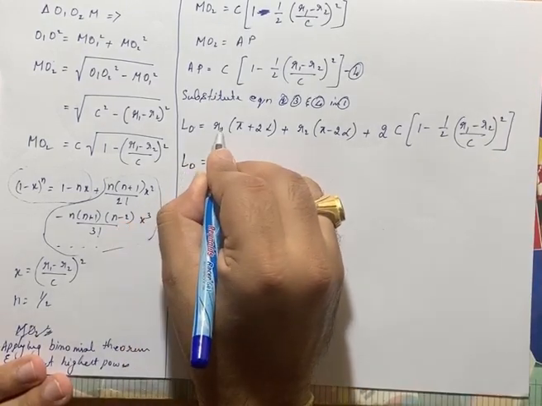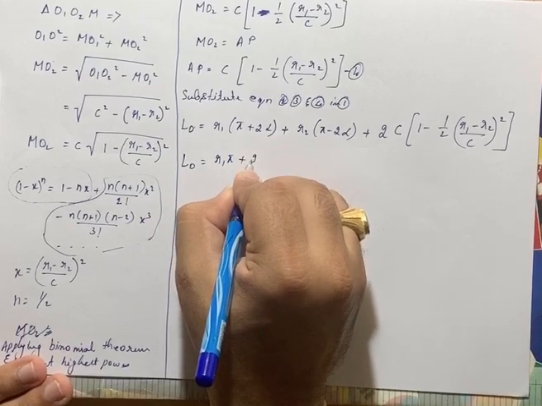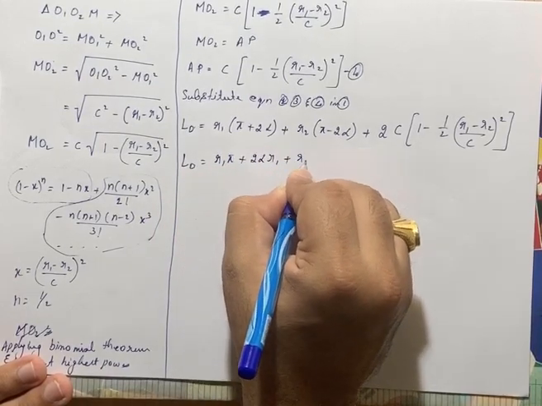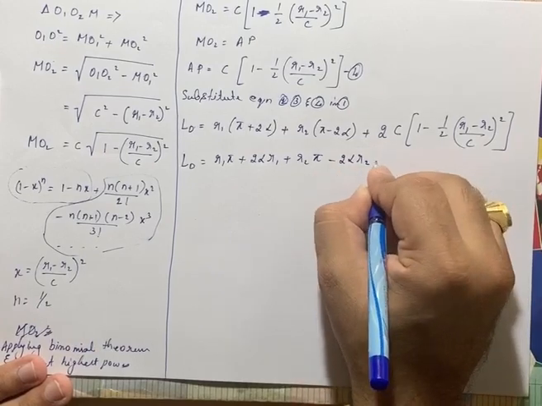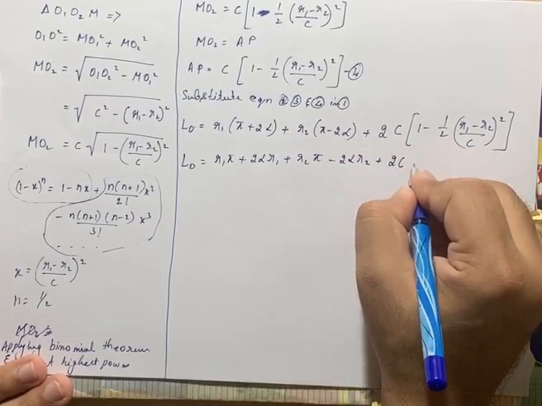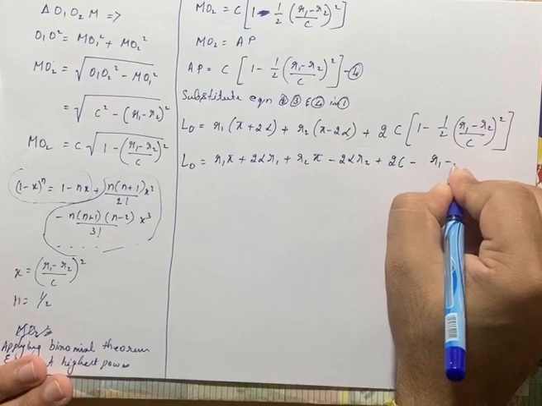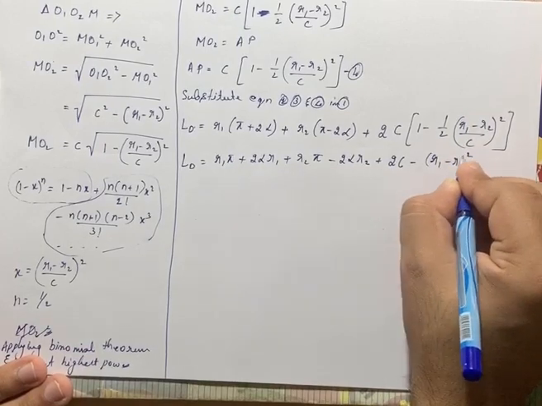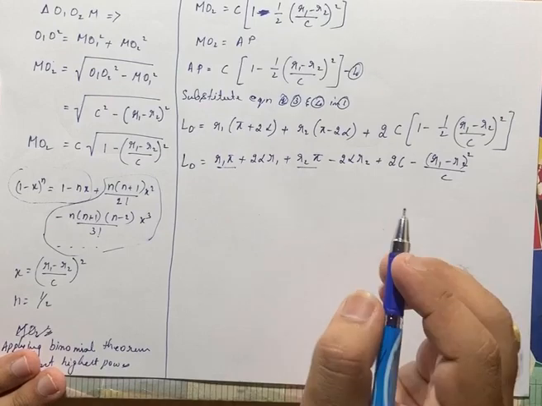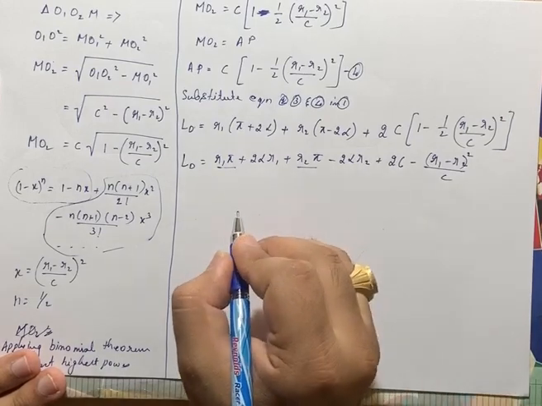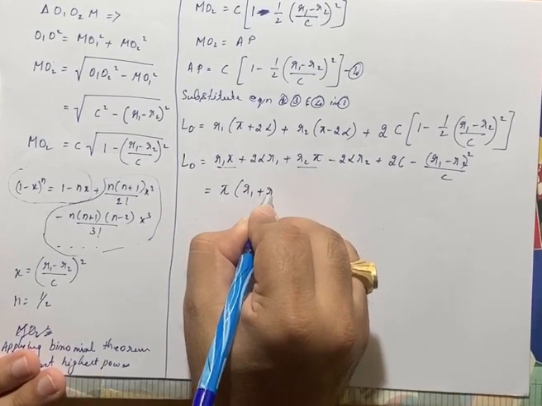So for LO, I will multiply R1 inside: R1 into (pi plus 2 alpha) R1 plus R2 into (pi minus 2 alpha) R2, plus I will multiply 2C also inside; 2C minus... the C gets cancelled, remaining will be (R1 minus R2) square divided by C. Now in this, the two terms R1 pi and R2 pi, I will take pi common, that is pi into (R1 plus R2).